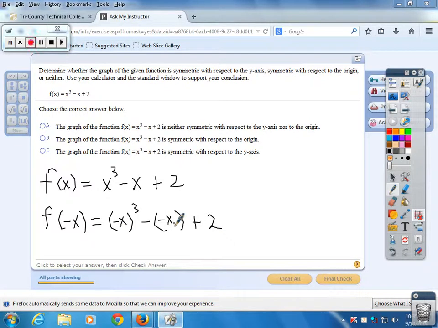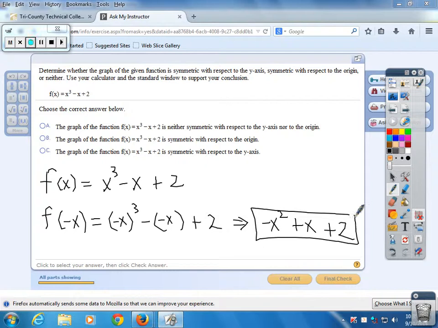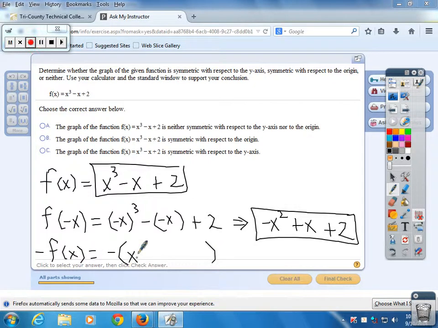So what do we get? Negative x cubed plus x plus 2. So let's circle that and circle this because those are the two we're going to compare. They're not equal, so we go to the next one. Negative f of x is equal to negative parentheses x cubed minus x plus 2.